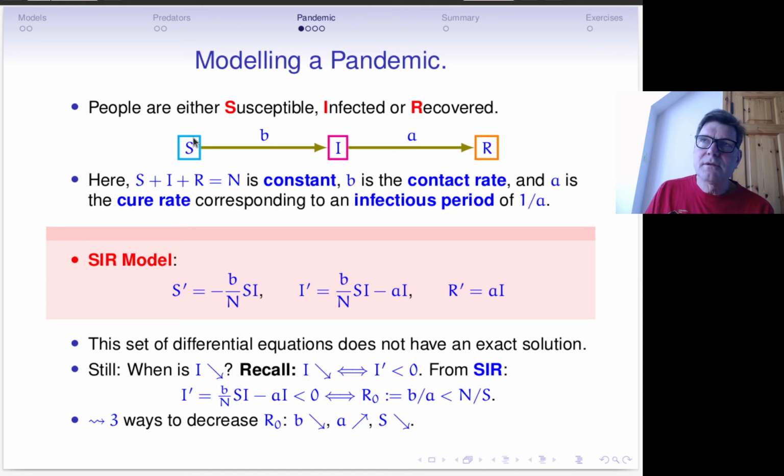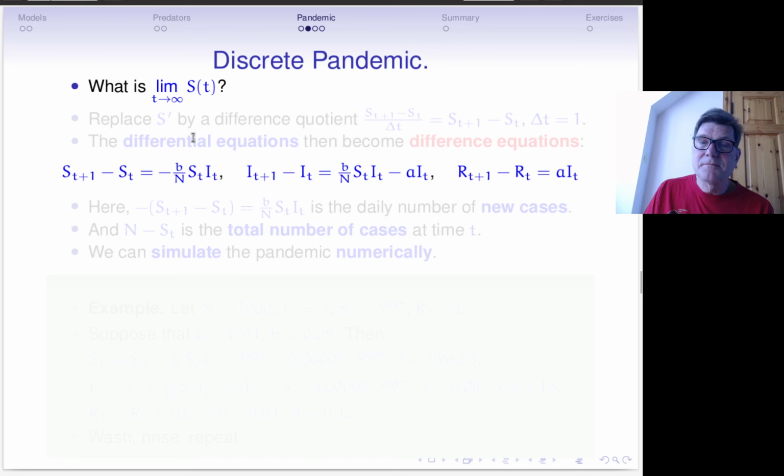This is like asking the question, how large a part of the population will not be affected at all by this pandemic. And since there is no explicit solution for this model, we pass on to a numerical solution.